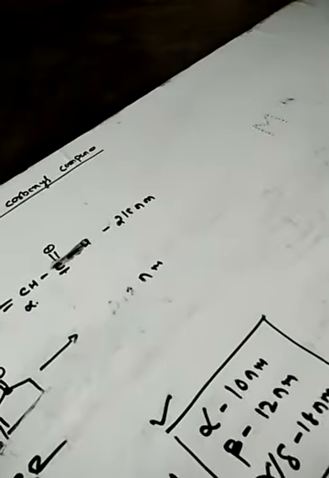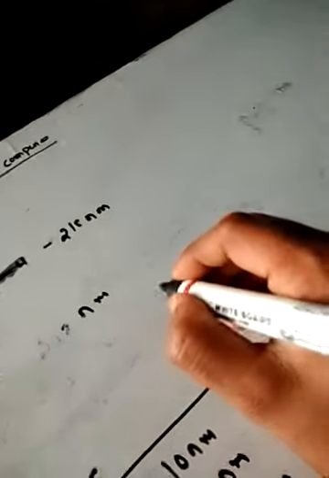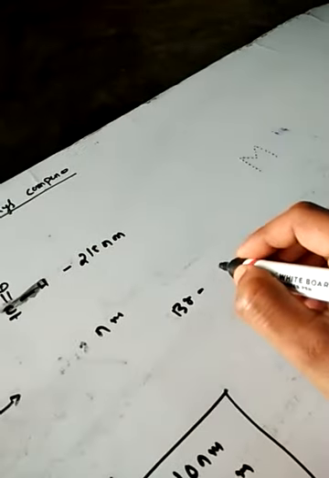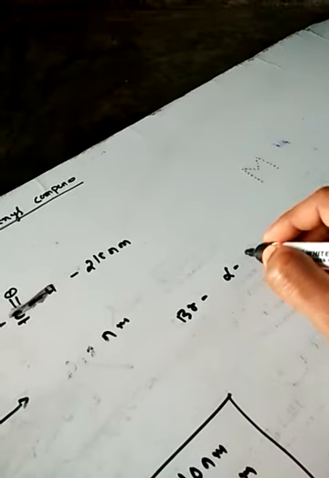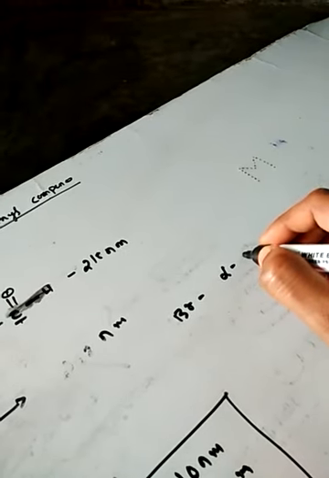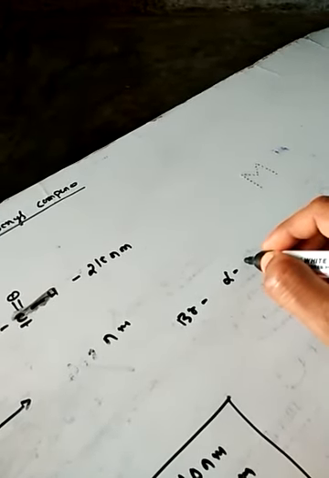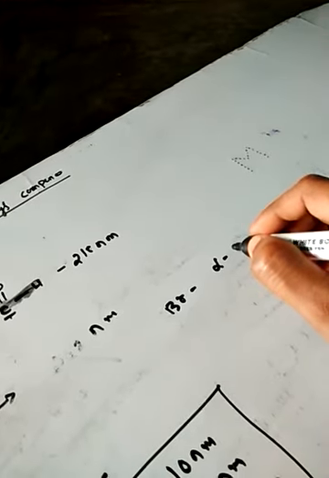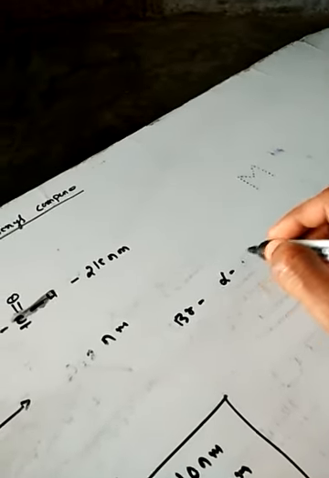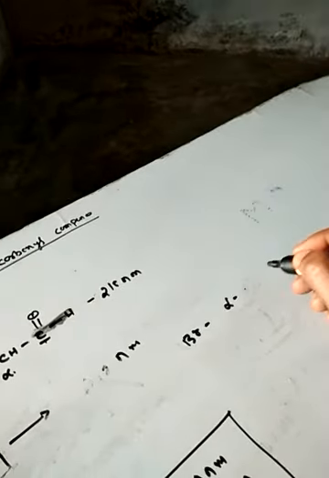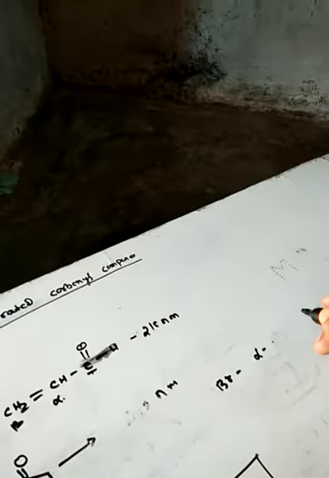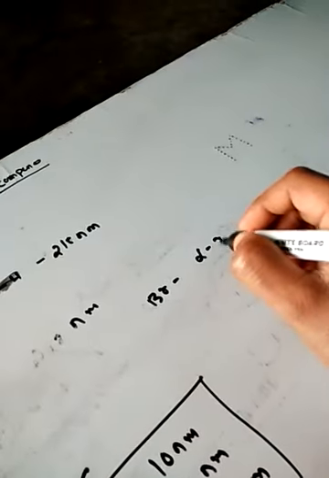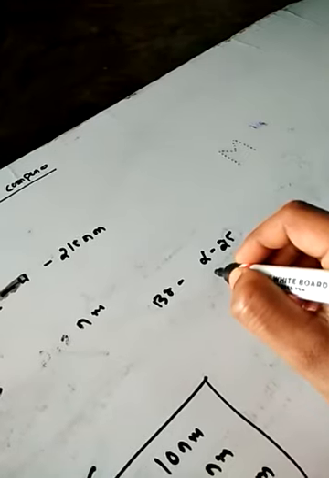Now we have certain groups. Suppose we have a bromine at alpha position, or bromine at beta position. If it is at alpha, this will provide 25.